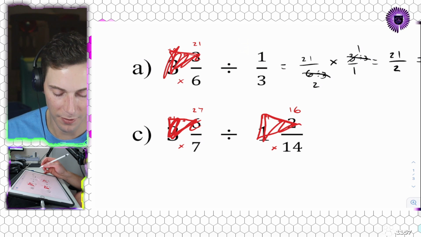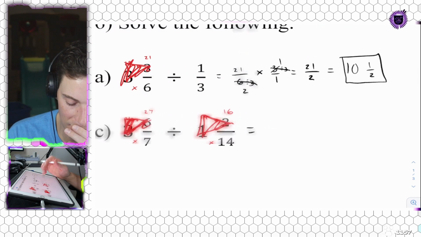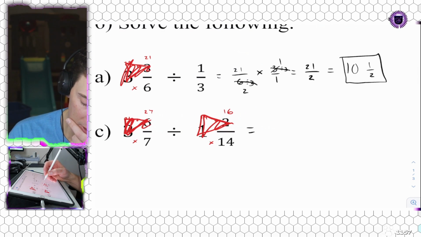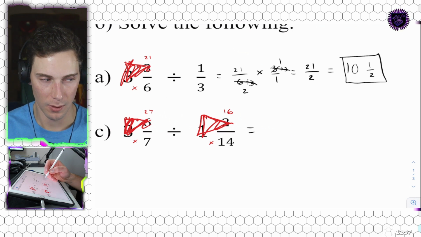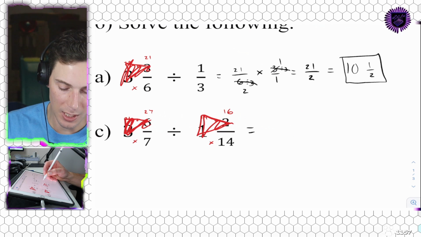Simplify. Can we simplify? Oh, let's not simplify just yet, actually. We have to change this into a reciprocal multiplication sentence. So we want to keep 27 over 7.